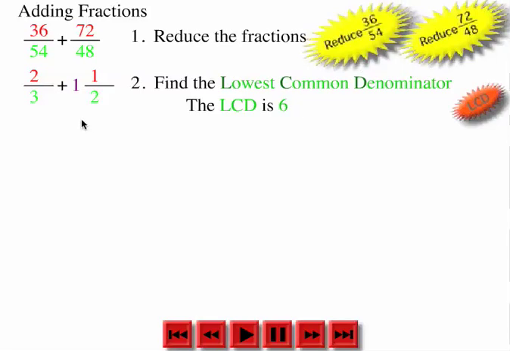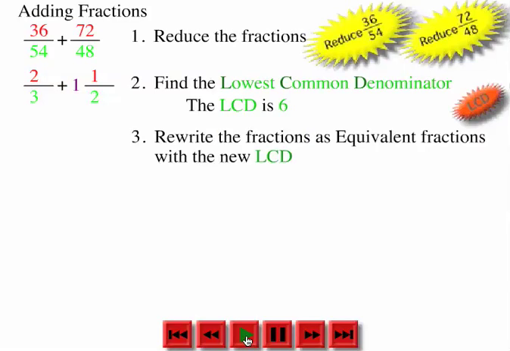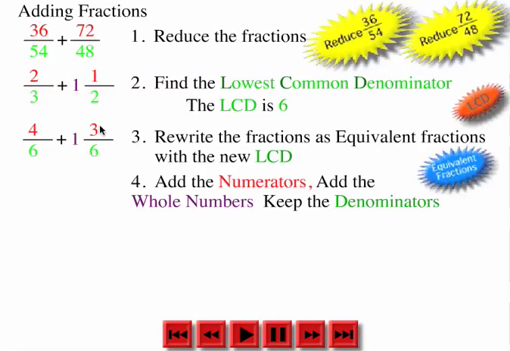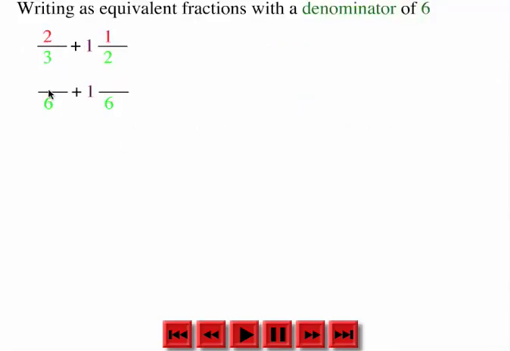So we rewrite each fraction with the lowest common denominator. We write the 2/3 as something over 6.